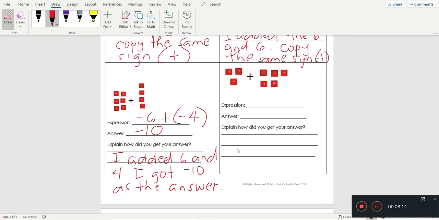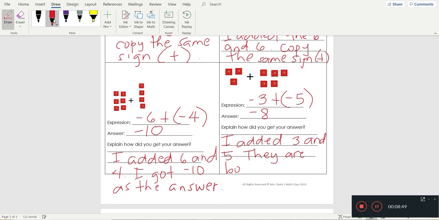Okay? So here I have negative 3 plus negative 5. So I don't have any zero pairs, so I will have negative 8. Okay? So I added 3 and 5, and they're both negative.